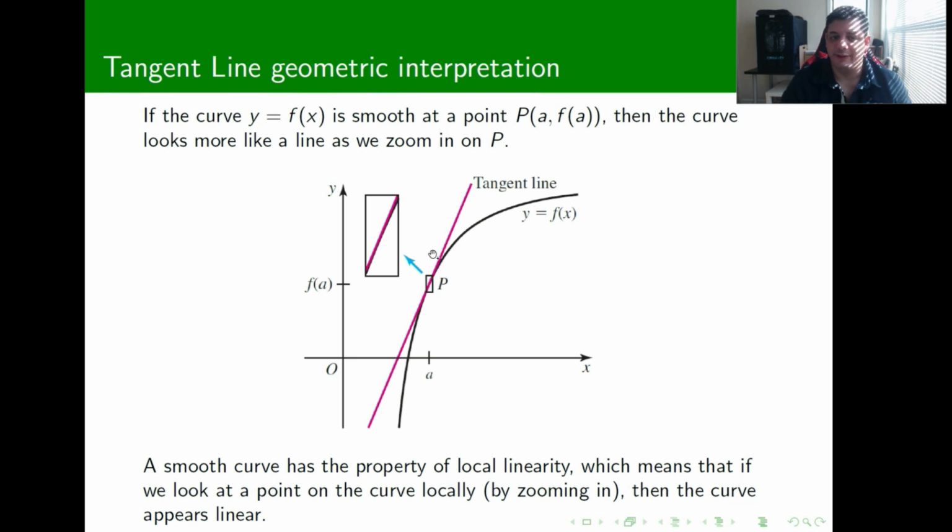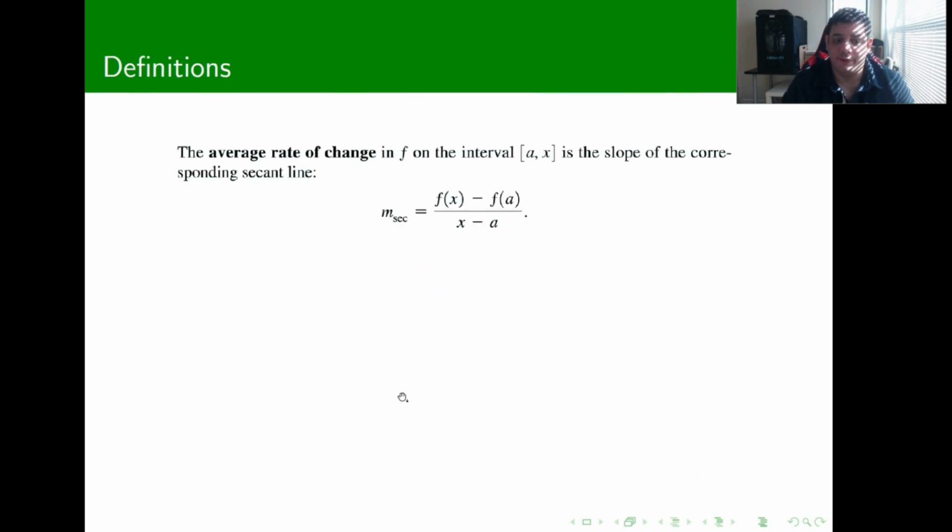Or backwards also works. We can approximate the function via the tangent line, okay? This is something that we're going to explore later when we want to make approximations to a curve. But for now, this notion is just going to help us define the derivative.